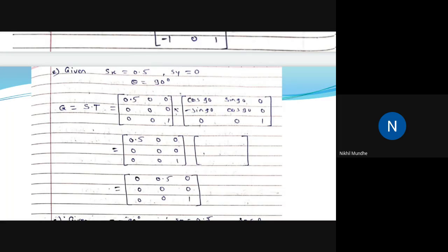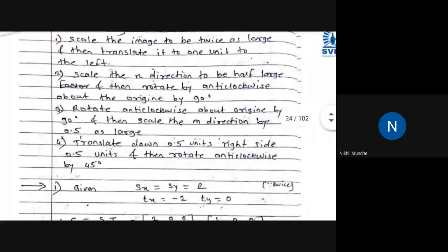Now what is the third statement? Rotate anti-clockwise about the origin by 90 degrees. Same action here also. The last problem we saw, we have to do the same here. And then scale the x direction by 0.5 as large. This time it is rotate and then scale, only the matrix location is changed.